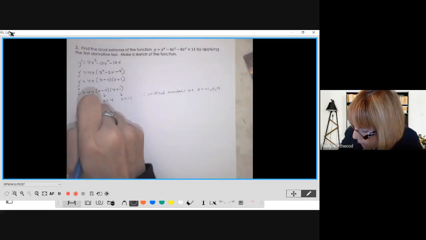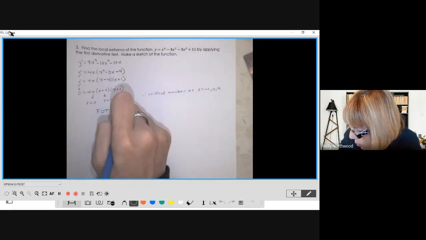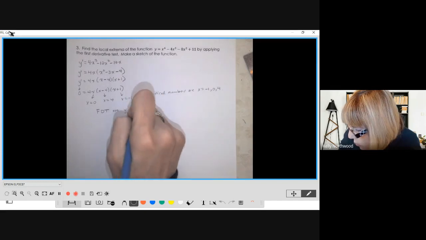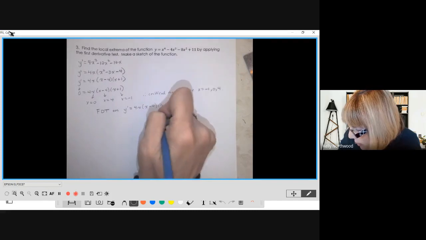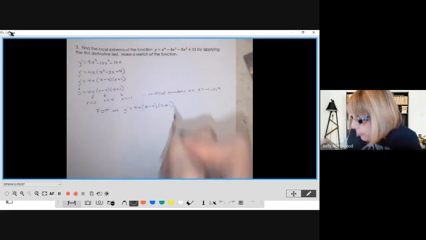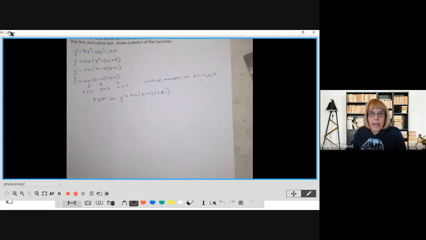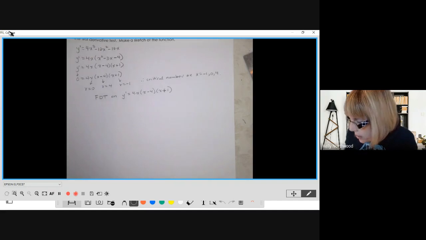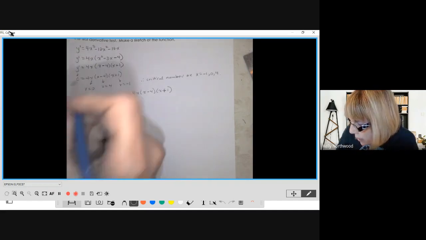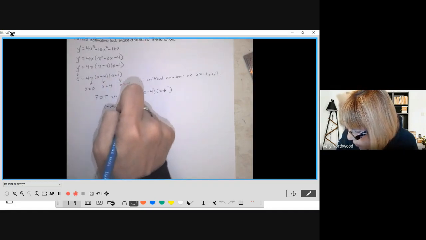And then we want to do the first derivative test on y prime equals 4x times x minus 4 times x plus 1. And then make our table, which is how you do the first derivative test. So our first interval is going to be from -infinity to -1. And x equals -1.